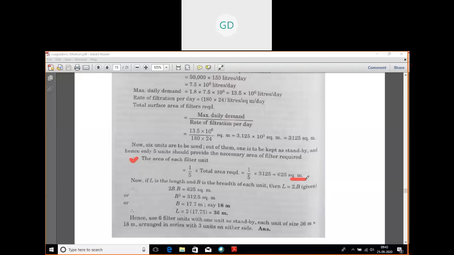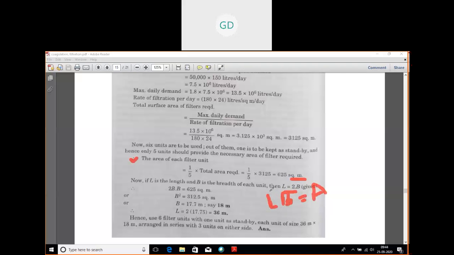Now that you have the area for each unit, you need to find the length and breadth. In the question it is given that the length is equal to twice the breadth. You know that L into B is equal to the area.